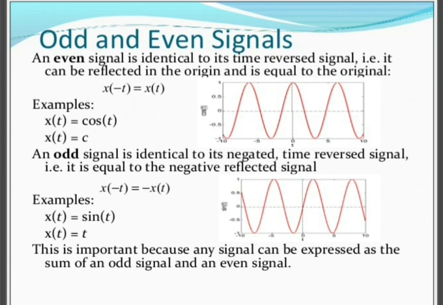So x of minus t is equal to x of t. For example, x of t is equal to cos t. An odd signal is identical to its negated time reverse signal, that is, it is equal to the negative reflected signal. So x of minus t is minus of x of t. For example, x of t is sin t.